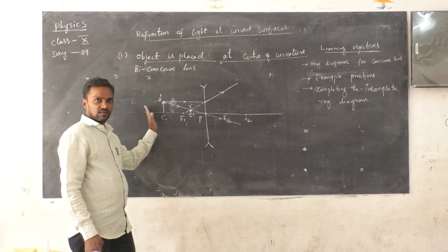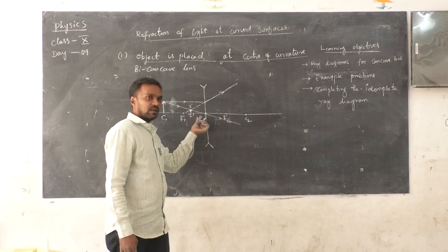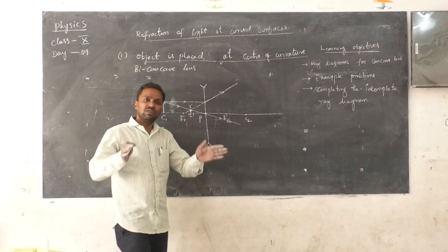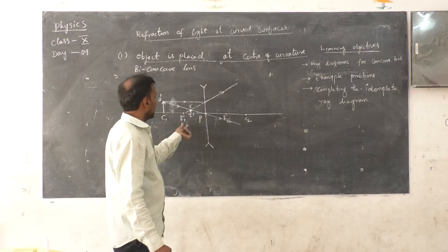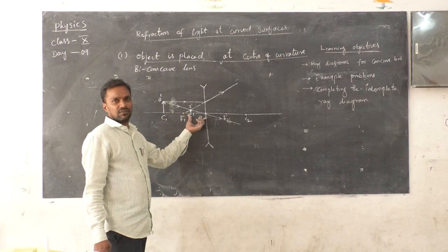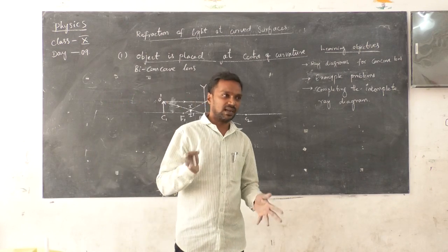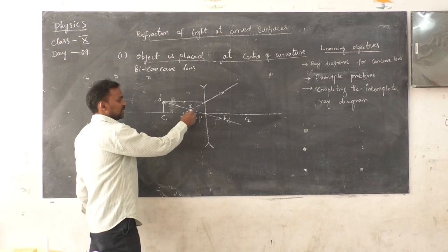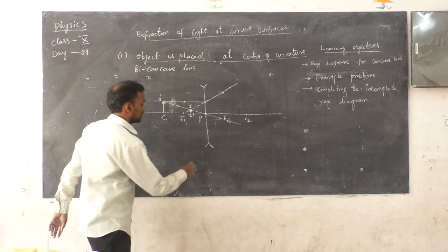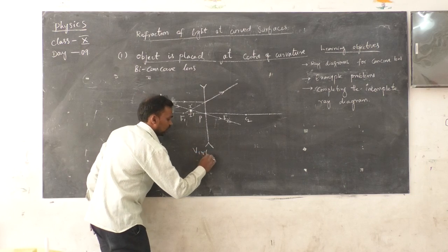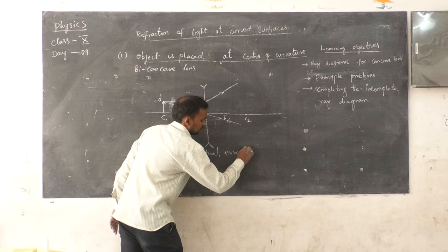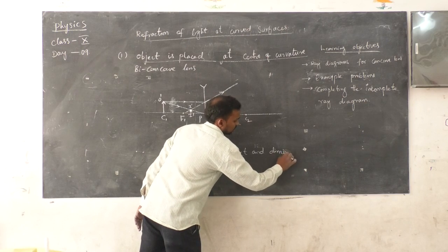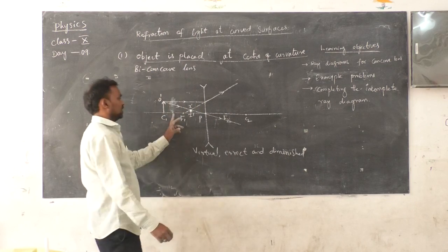When the object is beyond the center of curvature, the image is formed between F1 and P. When the object is at the center of curvature, then also it is forming between F1 and P. That means wherever you keep the object, the image will form between P and F. In all situations, the image will be forming between P and F. And this is a virtual, erect and diminished image, forming between these two points.